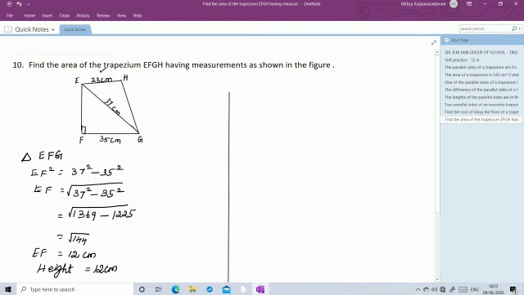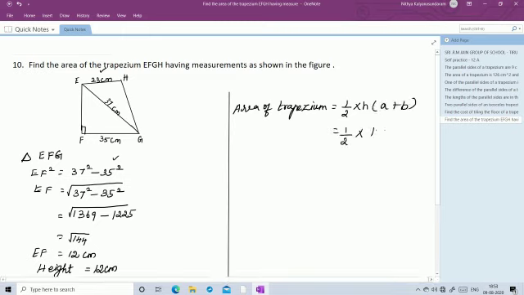Then the parallel sides are 23 and 35. Substitute in the area of trapezium formula, then find the area of the trapezium. It is equal to half into h into a plus b. So half into height, 12 centimeter, and the parallel sides are 23 and 35.